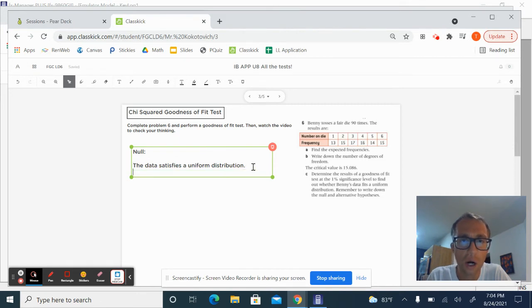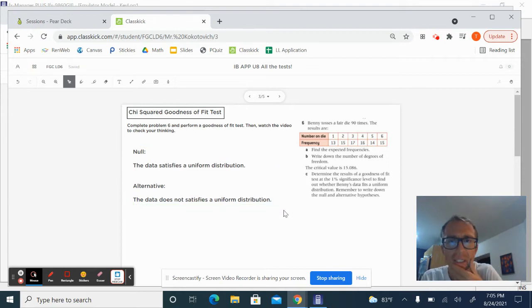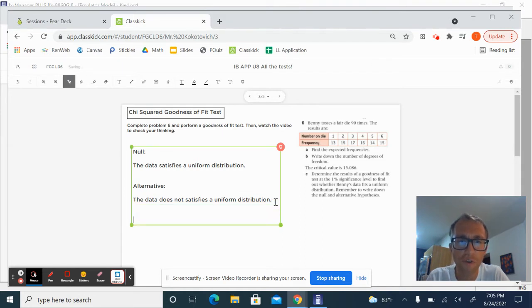Then our alternative: the data does not satisfy a uniform distribution.